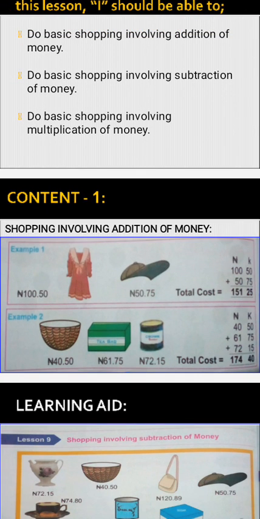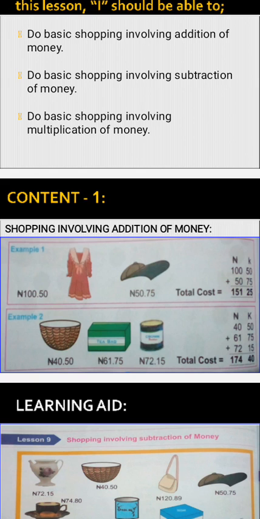The first one, shopping involving addition of money. For every standard shop or store, once you enter, the items are displayed and the prices are also tagged with the item. So for every item you want to buy, there is a price.